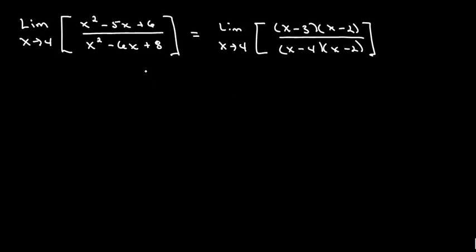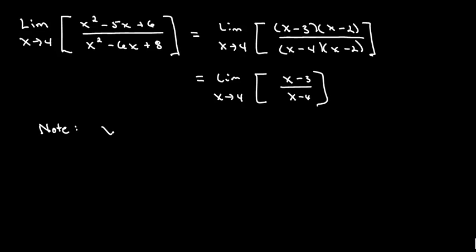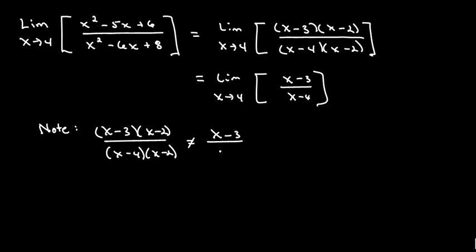Now if we continue, this is equal to the limit as x approaches 4 of x minus 3 over x minus 4. Here's the important part: this one right here is not the same as this one. Let me make a note. x minus 3 times x minus 2 over x minus 4 times x minus 2 is not equal to x minus 3 over x minus 4.